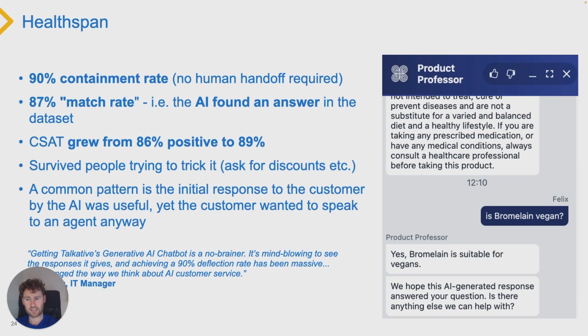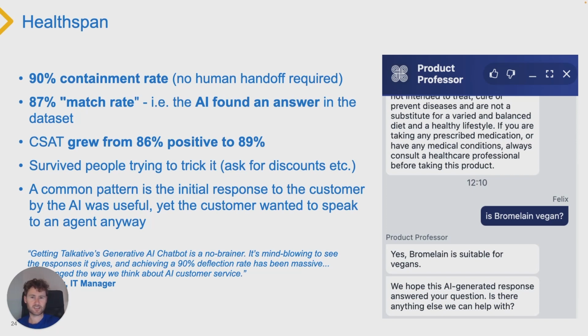But they've seen a real uptick in terms of being able to manage inquiries through the website, being able to answer customers' questions quickly. Because it's tied to the knowledge base, it's very good at handling people trying to trick it, which were largely the internal team when it was first being deployed.